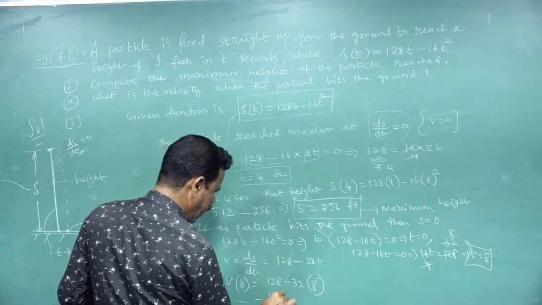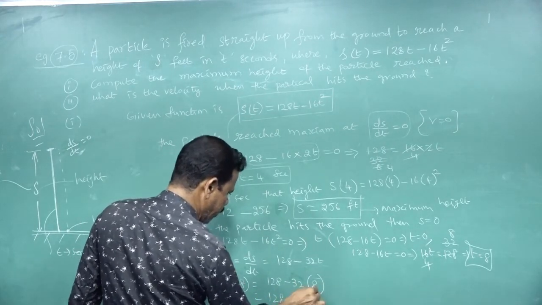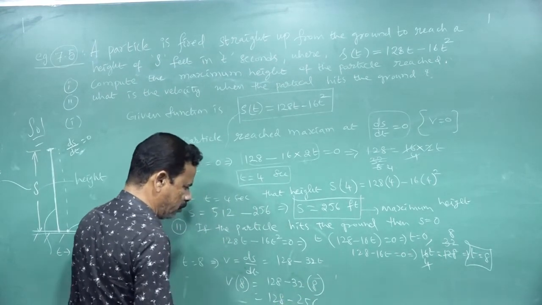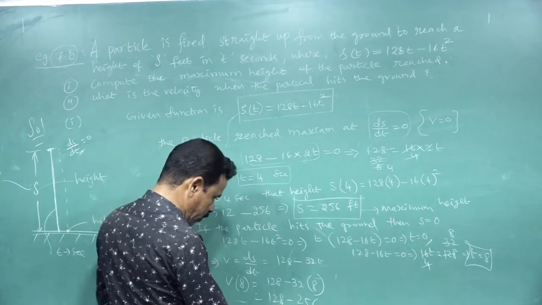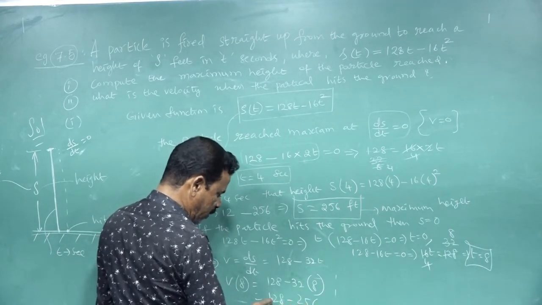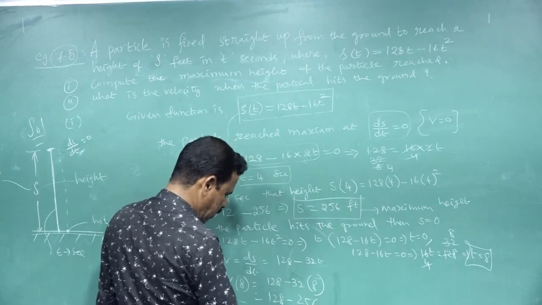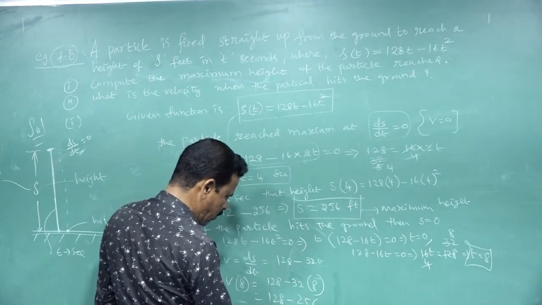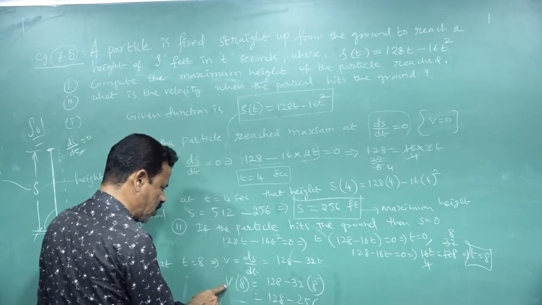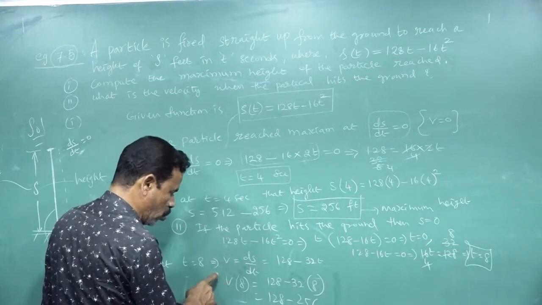This value 128 minus 256. This is also double. So minus 128 coming. Double how? 2 8s are 16, 2 2s are 4, and 5, 2 into 128, 256. So this value minus 128 velocity. So this velocity has units also.